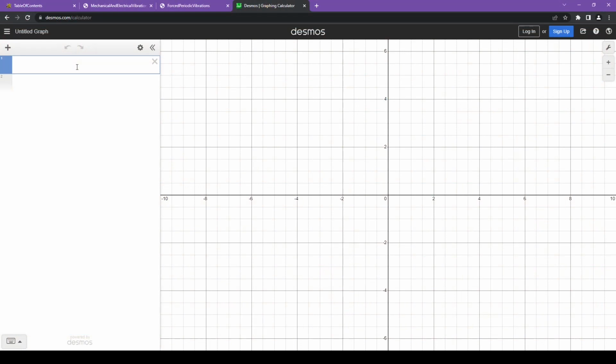So taking a look at this, we'll set u of t equal to 6 over 1 minus w squared, we'll use w here instead of omega, times sine of (1 plus w) over 2 times t, and then sine of (1 minus w) over 2 times t, and then we'll add our slider.